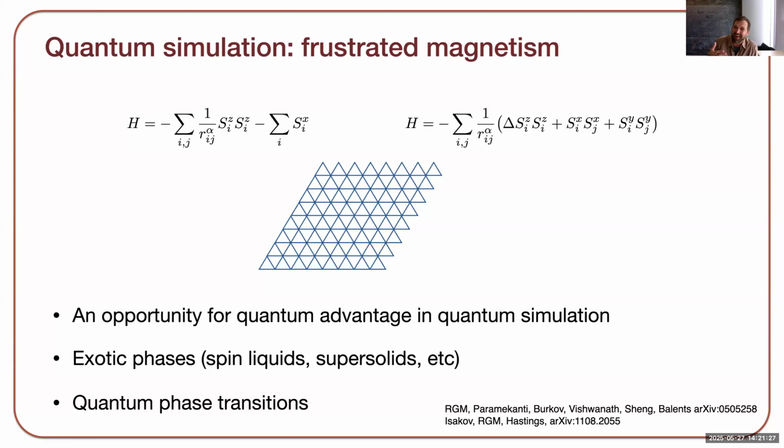From a condensed matter, frustrated magnetism, many-body system perspective, I really imagine that ions have the potential to realize what I'm calling here quantum advantage and quantum simulation, the idea that we can simulate these types of spin Hamiltonians. I personally am interested in our ion traps for that reason.